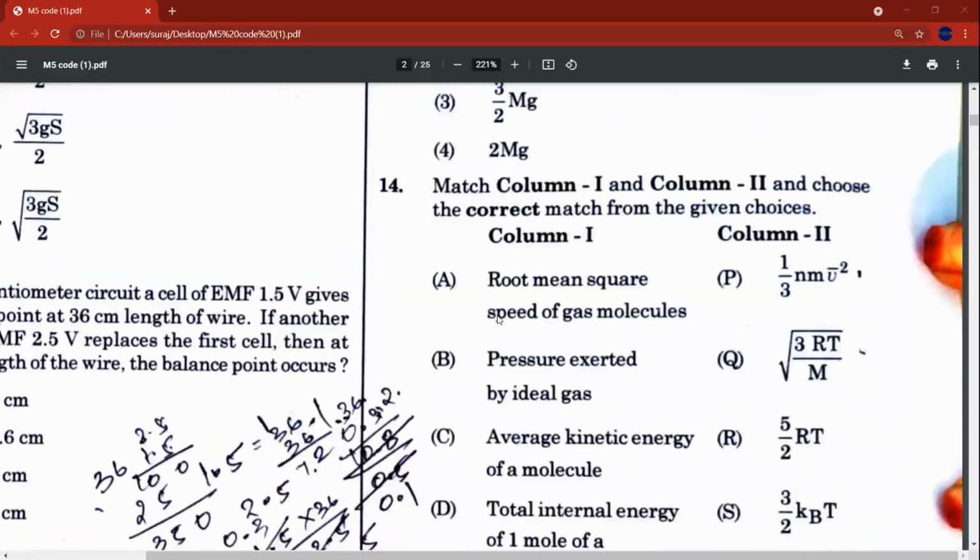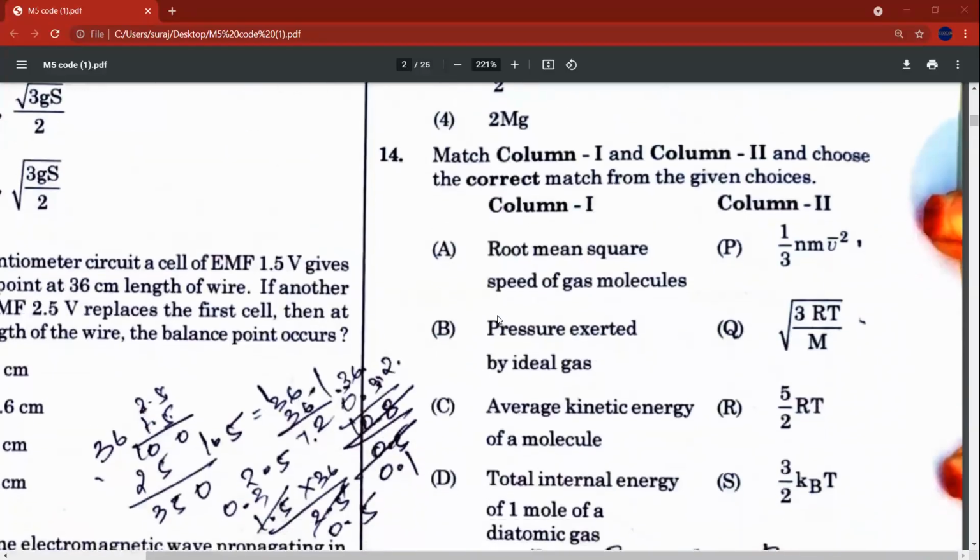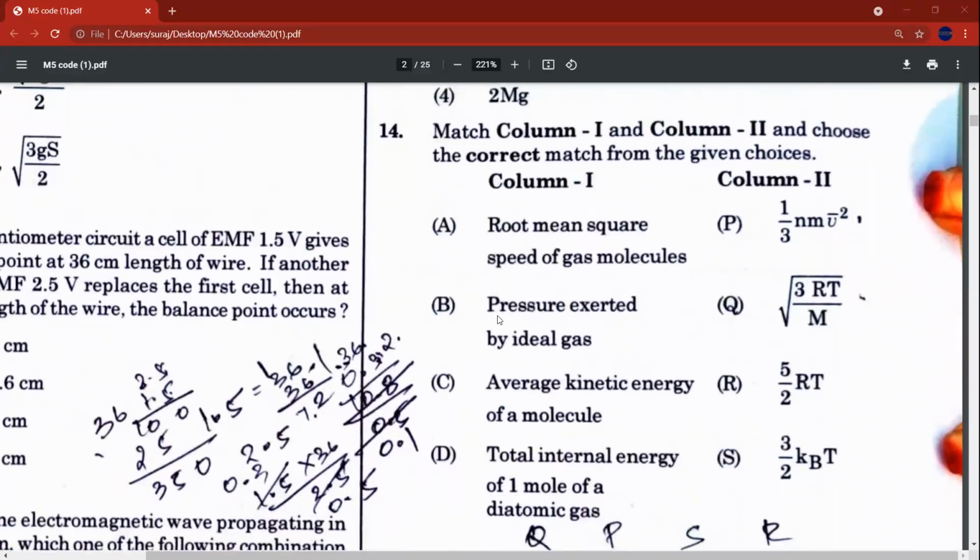Question number 14. Match the following. Again, it's an easy question. Directly we can solve. Root mean square, RMS velocity, is root over 3RT by M. Pressure is this one. Diatomic internal energy is f by 2. Average kinetic energy.